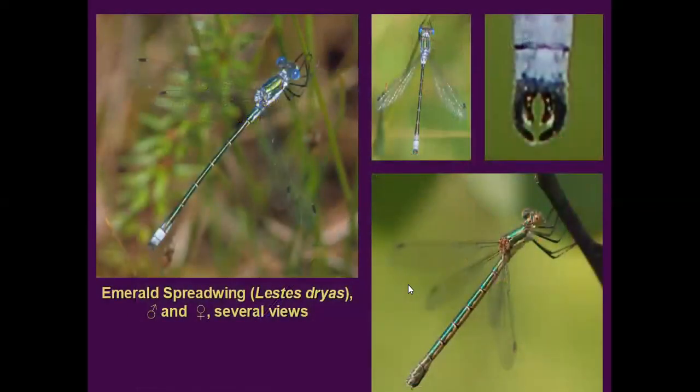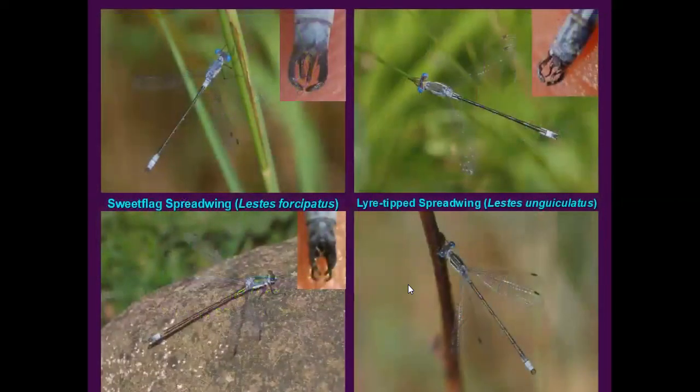So the emerald spreadwing is our most boreal species, and it's found not just in North America, but also in Europe and Asia. And then you can distinguish some of our species by the shape of their claspers at the end of the tail. So here I've got a nice illustration showing 4 different species of spread wings with their claspers, the male's claspers.